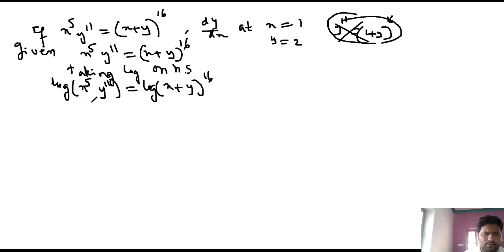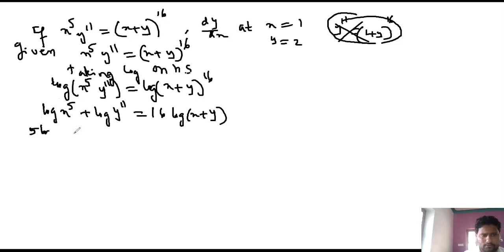Now log of m into n is log m plus log n, so log x^5 plus log y^11 is equal to, this is of the form log a^n, which is equal to n log a, so 16 log (x plus y). Now log x^5 is 5 log x, this is 11 log y, and this is 16 log (x plus y).